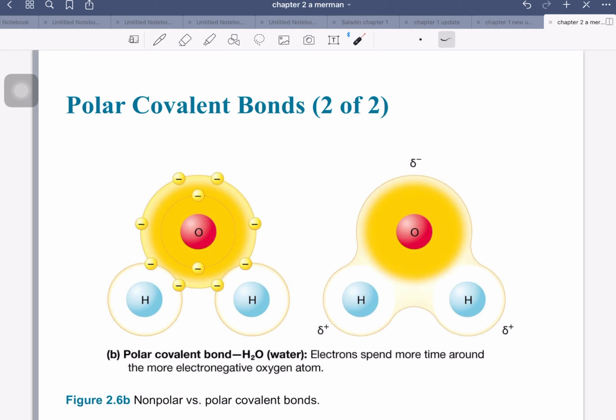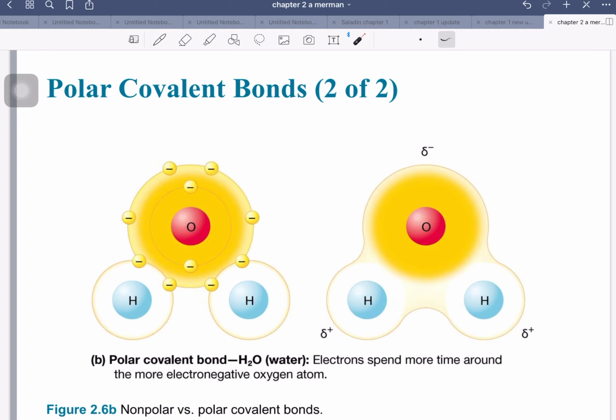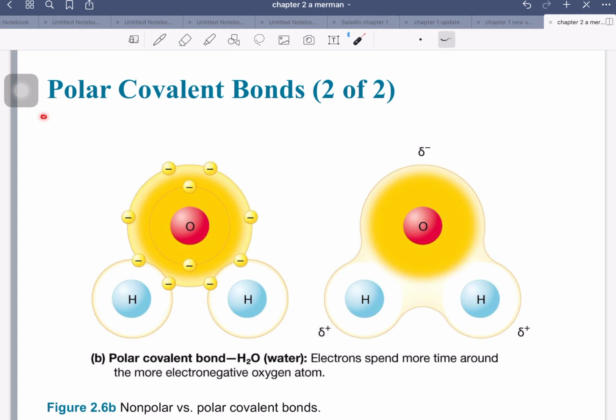And here's a classic case of a polar covalent bond. This is two hydrogens and an oxygen, so not surprisingly, H2O. Almost everyone on the planet knows that is a water molecule. Now what we see happen in this case, it's a polar covalent, so the electron is not equally shared.